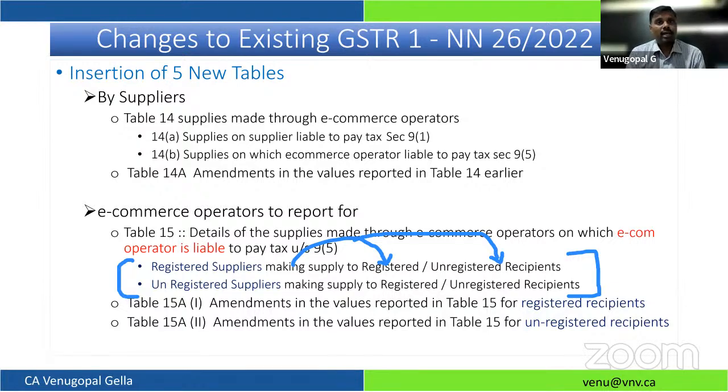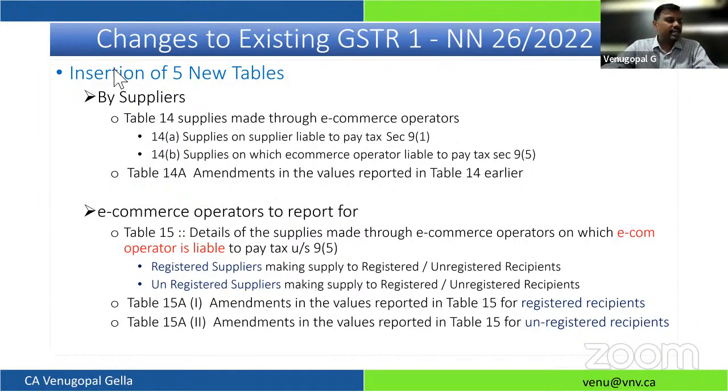So now the hotel may also make a supply to a registered person or an unregistered person. In the current example, I'm making an assumption the hotel is not registered, right? So all this transaction where the e-commerce operator is liable to pay tax, he will now classify under unregistered suppliers. Again, there they are making a supply to a registered person or unregistered person. So it is a matrix, a category of information that needs to get in.